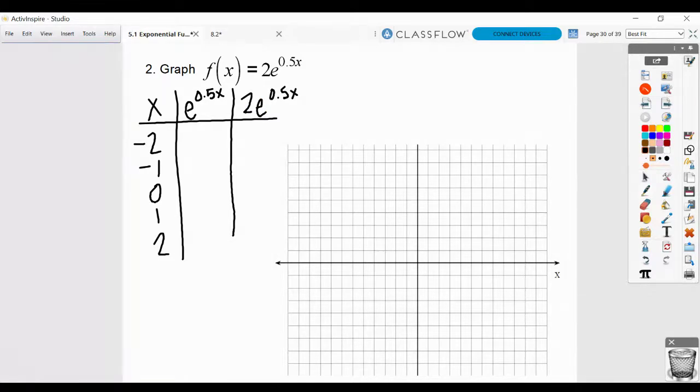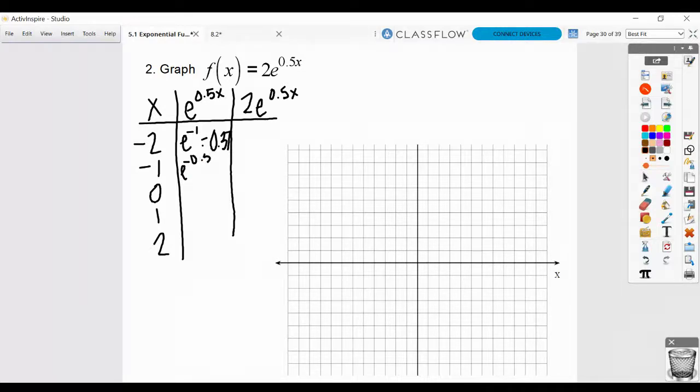So remember order of operations whenever you do this. So -2 times 0.5 is -1. So e to the -1 is 0.37. Then 0.5 times -1 would be -0.5.